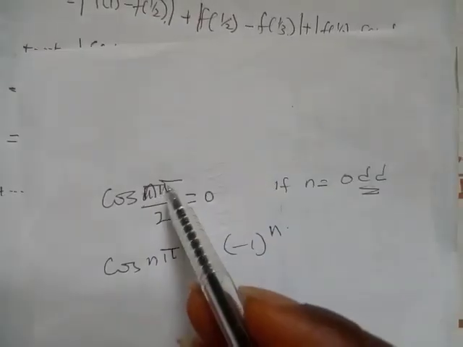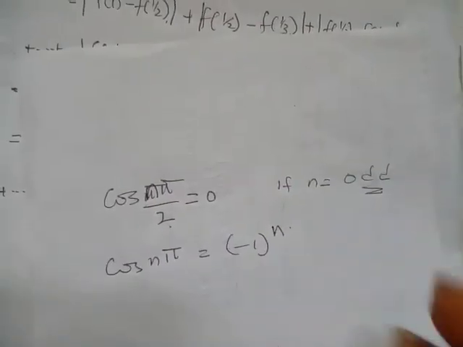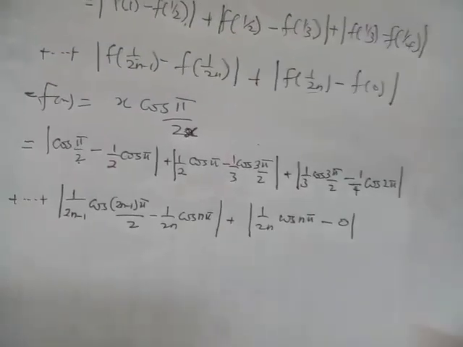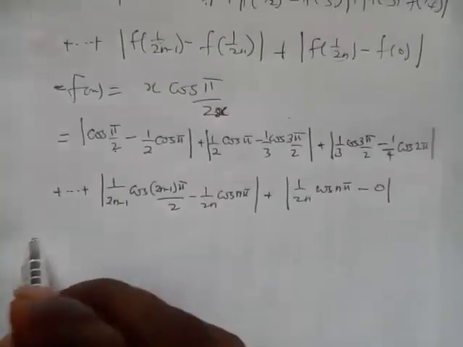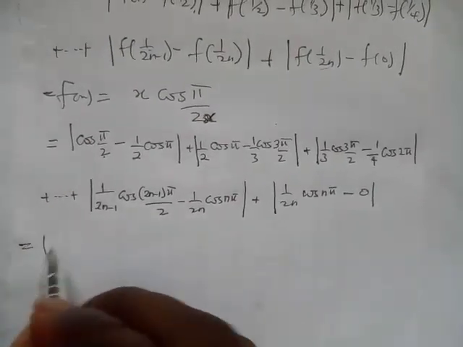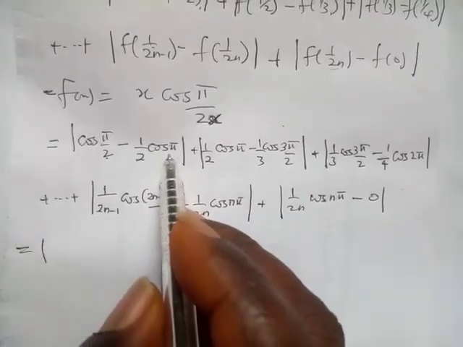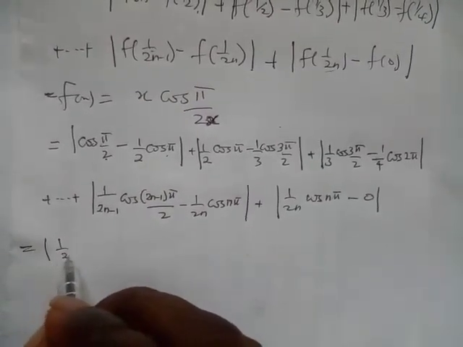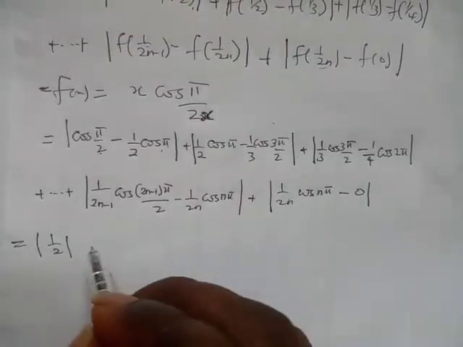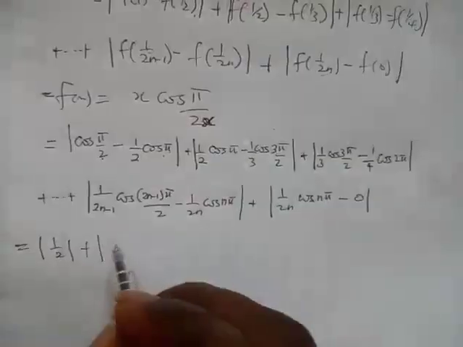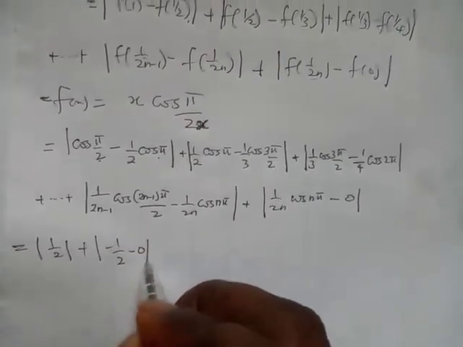But for this one, when we have n pi over 2, if n is odd, then it will be 0. So as you can see here, this will be 0. Cos pi is minus 1. So this will just be half. This one is half. Plus, this is minus half, minus 0.